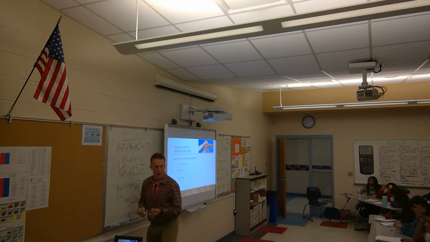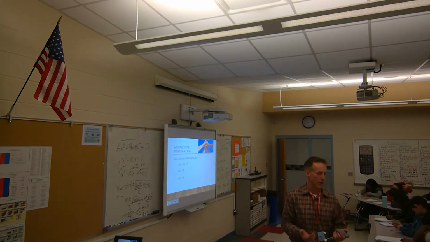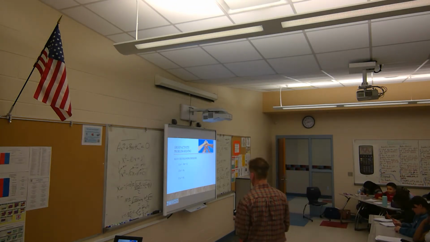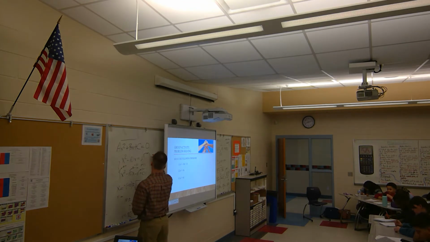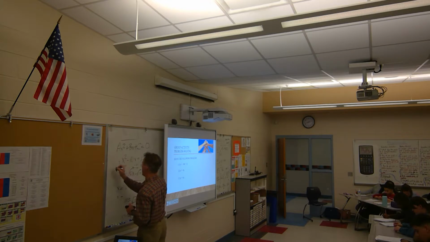Or, if we remembered our factoring toolbox, guys, 11 is a prime number. Robert, is 11 a prime number? What goes into 11? 11 and itself. So it's 11 times negative 1 or negative 11 times 1, and the sum's got to be negative 10. So I could have said x minus 11 times x plus 1.